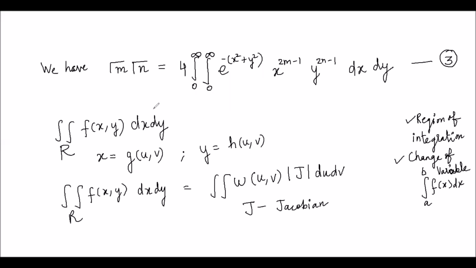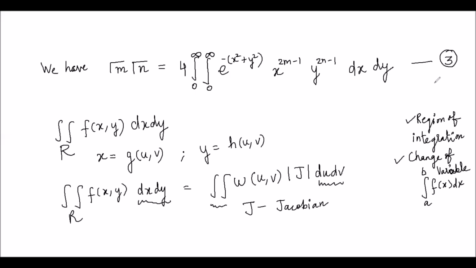The one more thing which we need is the limits. Since we have now converted everything in terms of r and theta, we need the limits of r and theta. If you see this integral, on the left hand side we have dx dy, so on these integrals we need the limits of x and y. And in this double integral in terms of u and v, we are integrating with respect to u and v, so there we need the limits of u and v.